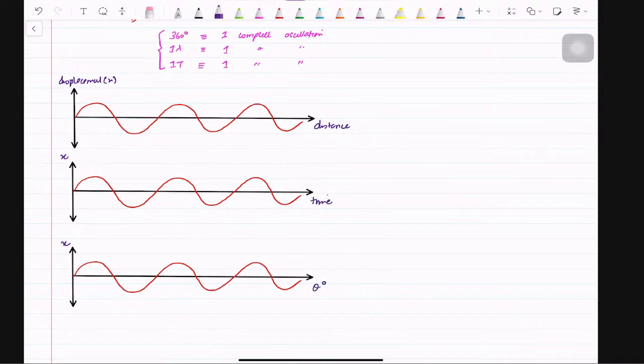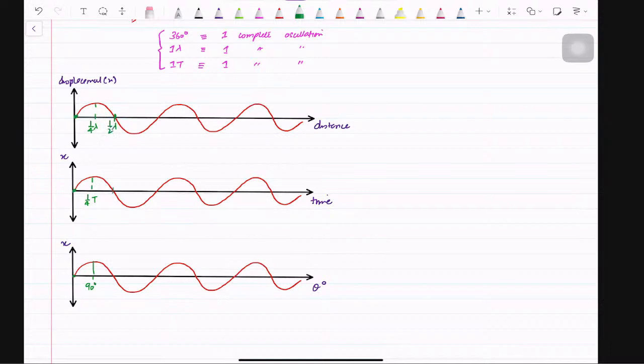So what you guys need to understand is that when it is 0 lambda, 0 time, 0 angle, at exactly this point, when it is a quarter of lambda, this point is also a quarter of time period, and the same point is when it becomes 90 degrees, right? Then when it reaches this point, this is half lambda because it's half wave.